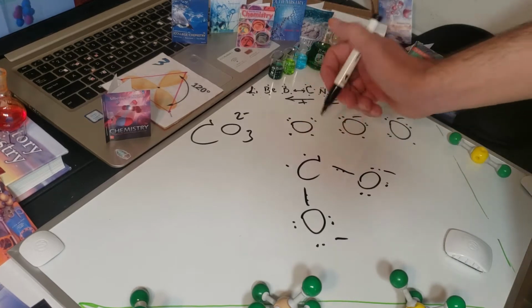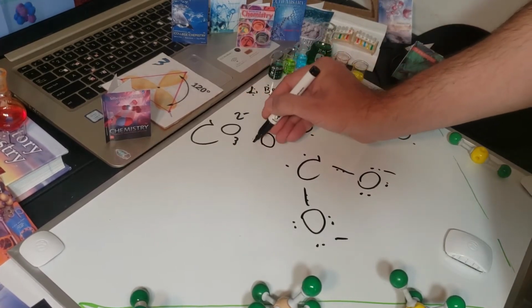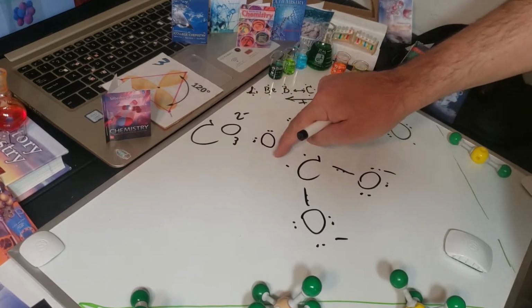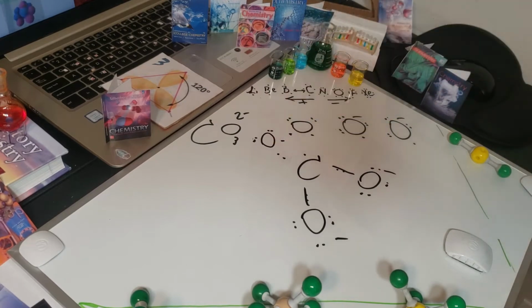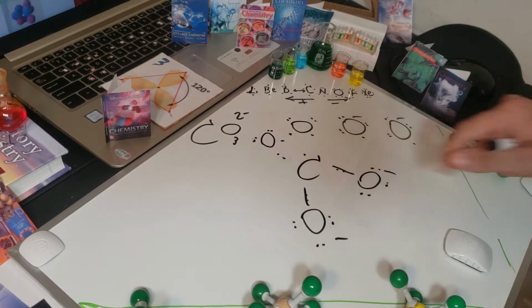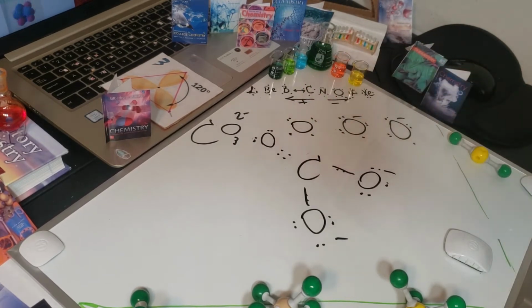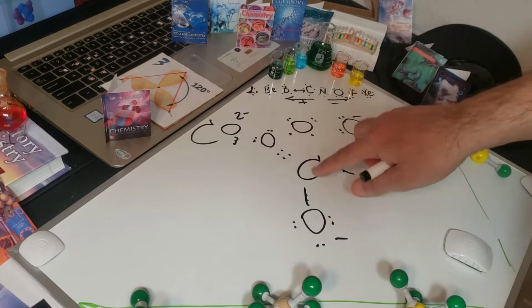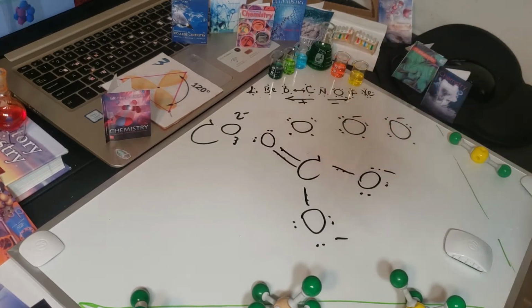And now I have one oxygen left that I could draw here. And if I pair these electrons, now my oxygen has 7, and my carbon also has 7 electrons around it, so I have to pair up these other single reacting electrons to have 8 electrons, not only around my carbon but also around my oxygen, so it's a double bond there.